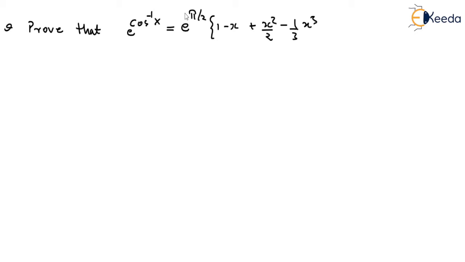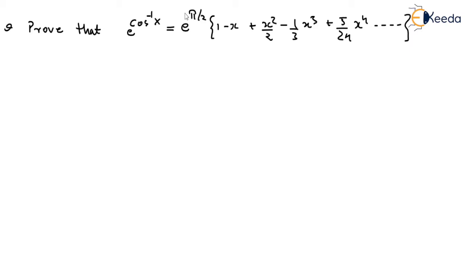So it says, prove that e to the power of cos inverse of x is equal to e to the power of pi by 2 times 1 minus x plus x square by 2 minus 1 by 3 x cube plus 5 by 24 x to the power 4 and so on, other terms.